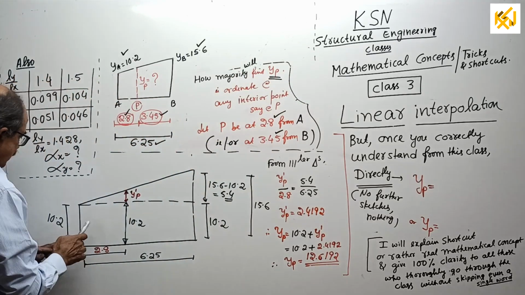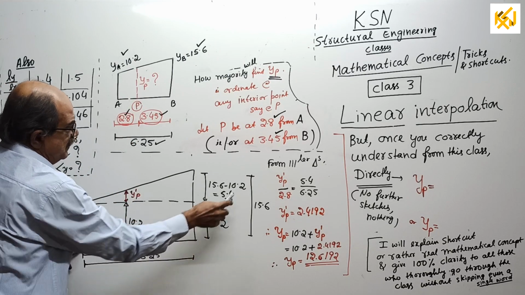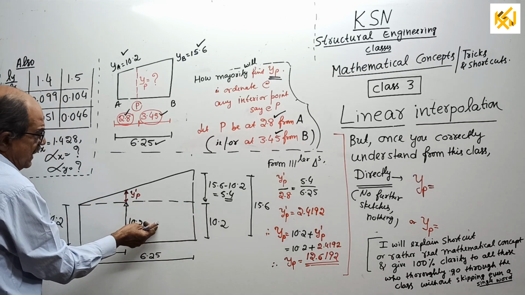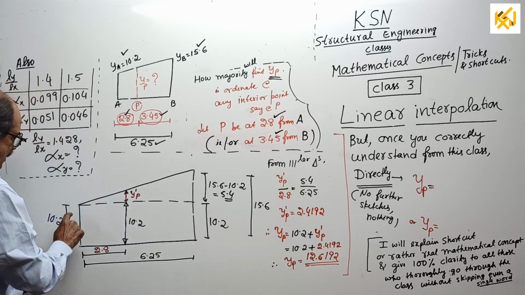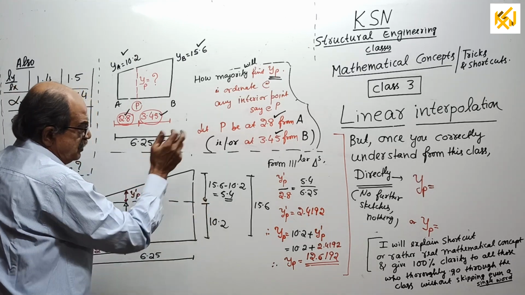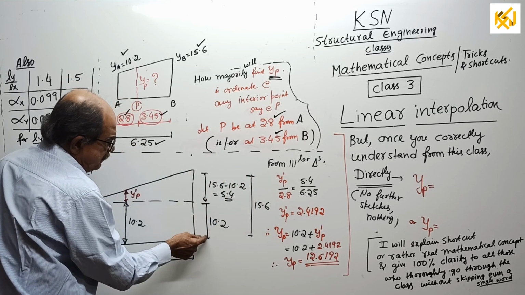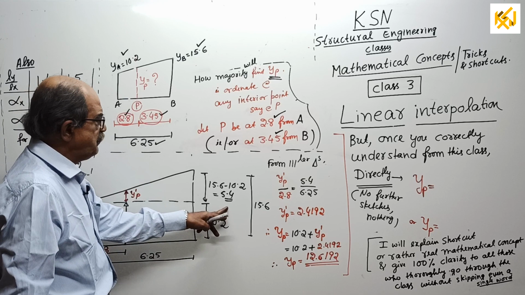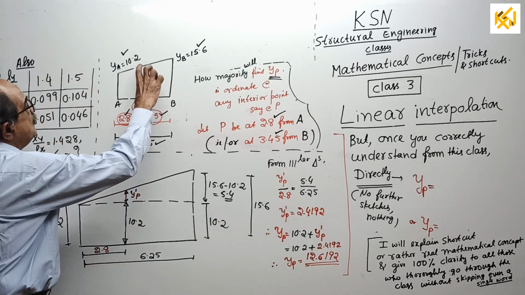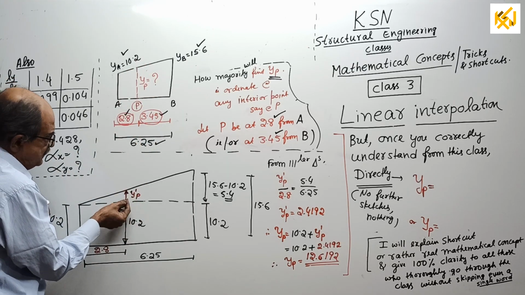They will put a sketch here, 10.2, the already given sketch, and this is 15.6. They will divide it into a rectangle and a triangle. If this is 10.2, this is also 10.2. Total is 15.6. From 15.6 subtract 10.2, you get 5.4. We want the total ordinate here, which is nothing but 10.2 plus this extra ordinate.